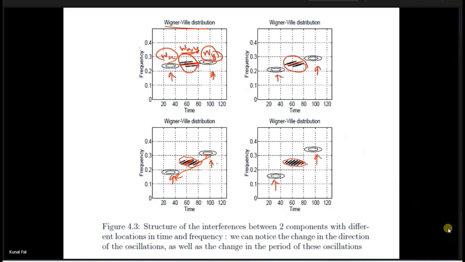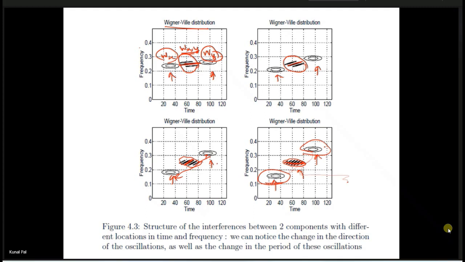However, if you see carefully, the number of these cross terms is increasing. Their height is decreasing, but the number is increasing. Okay. However, as the atoms are quite far apart, you can see these cross terms are not at all interfering with the analysis.